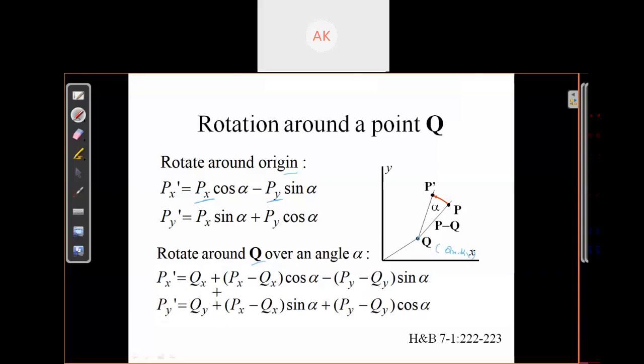And for the y coordinate you will write qy plus px minus qx times sin alpha, plus py minus qy times cos alpha.